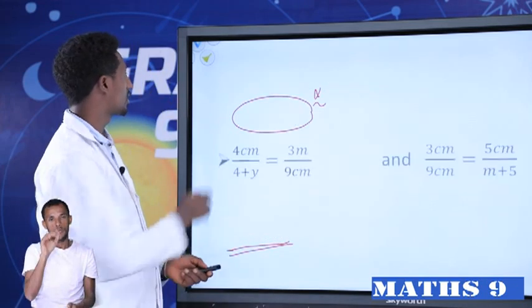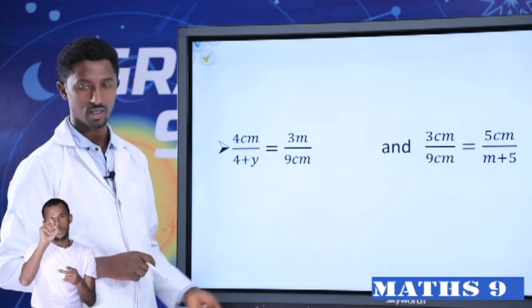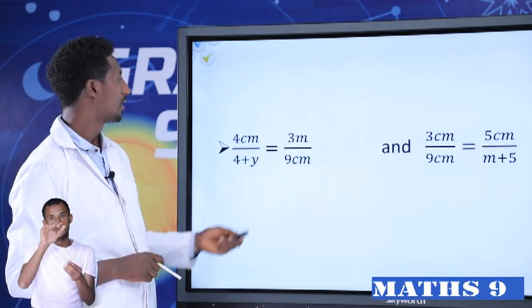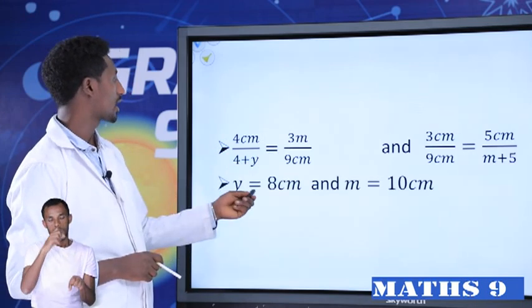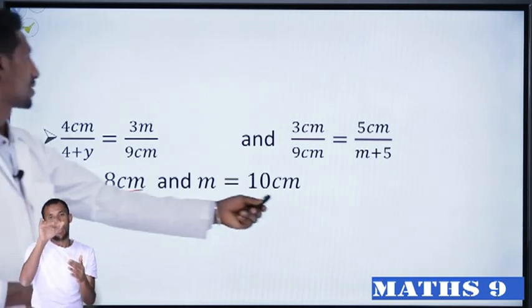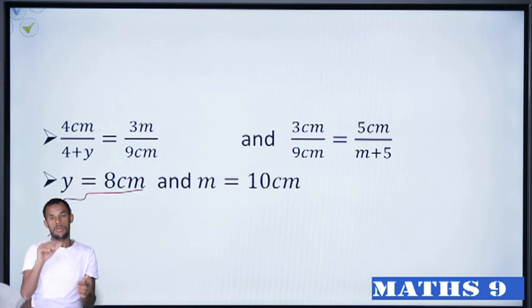If we substitute 4 in place of x, we have 4 over x plus y equals 3 over 9. Simply the value of y will be 8, and if we solve, m will be equal to 10 centimeter.